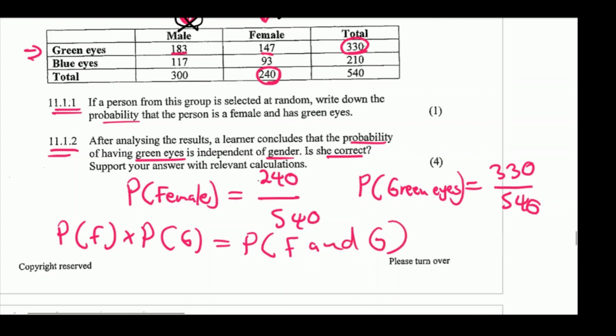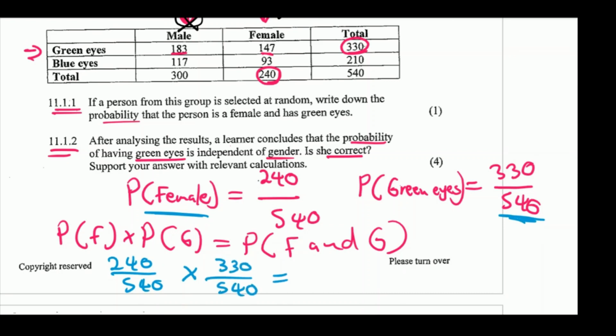We just found the probability of females, so I'm just going to write it here. It's 240 divided by 540, multiplied by the probability of green eyes, which we found to be 330 divided by 540.